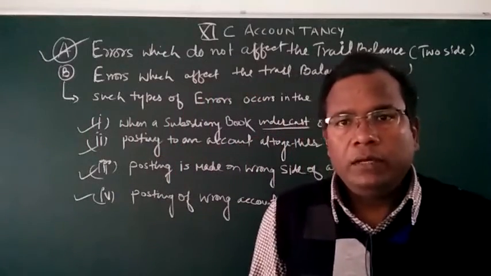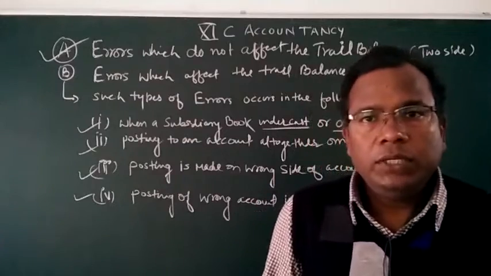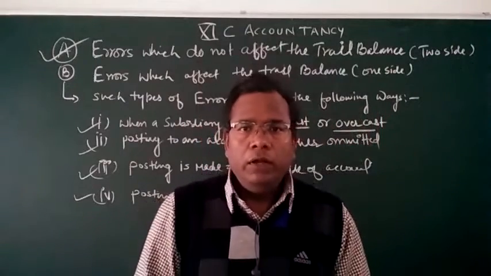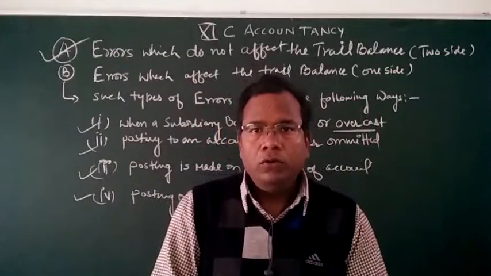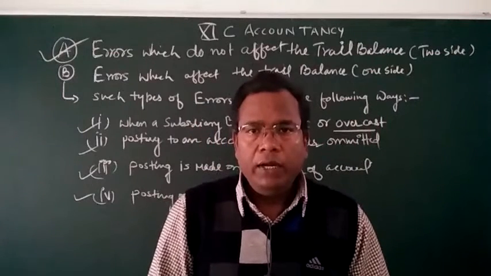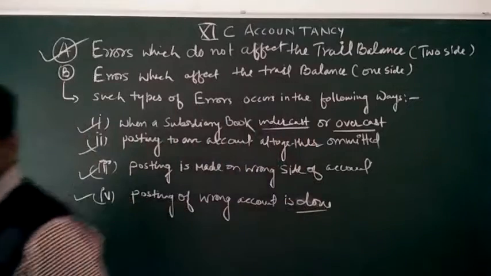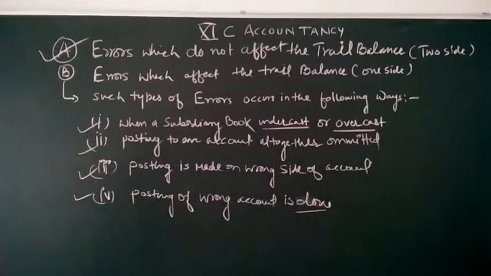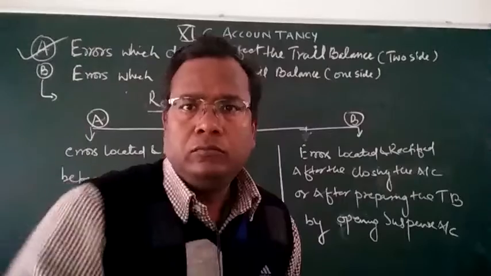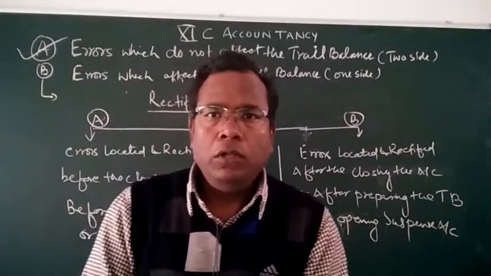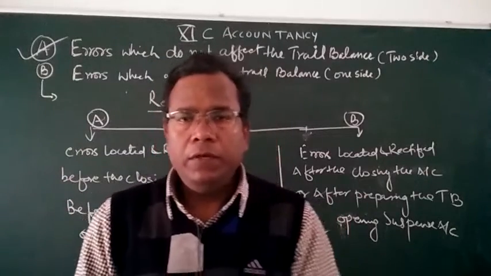So what is the method and what is the procedure to rectify the one-sided errors? So we will now discuss how to rectify the one-sided errors. So students, now what are the methods of the rectification?